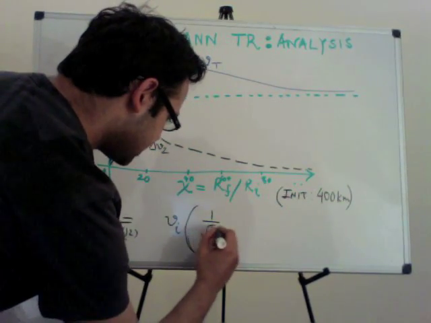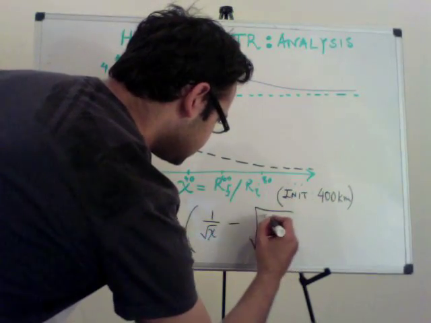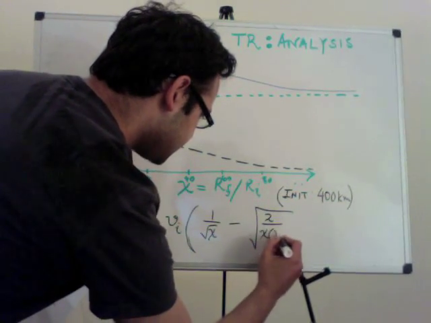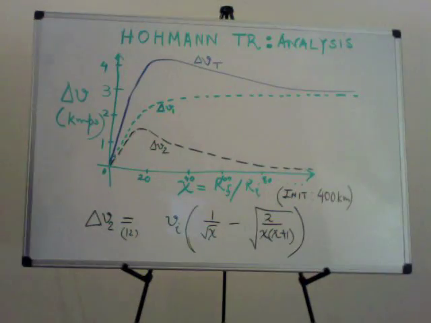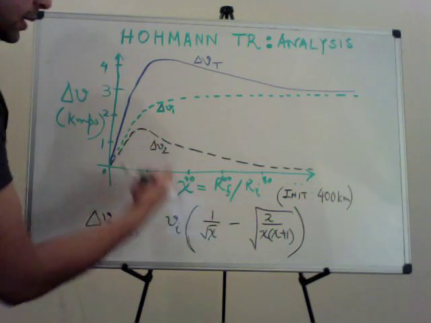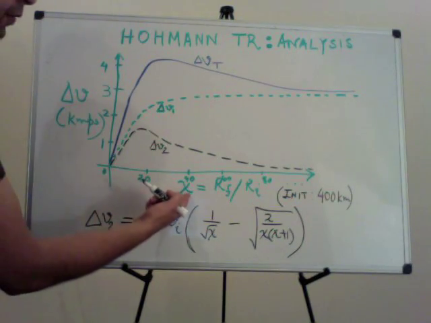1 over square root chi minus square root of 2 over chi plus 1. As chi increases, here's this function. Basically, this black dotted line is this function plotted as a function of chi.